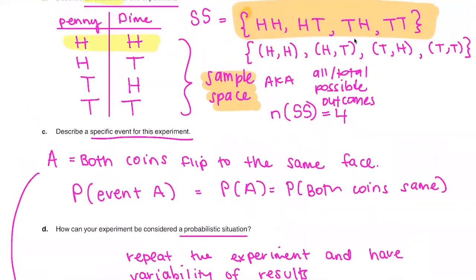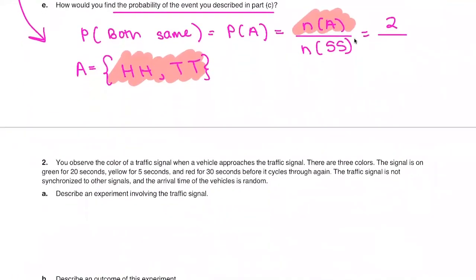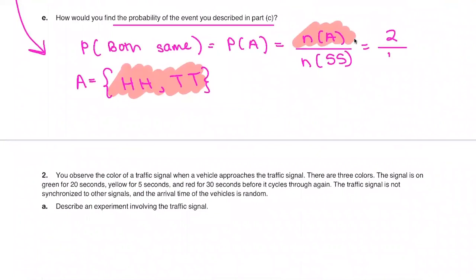We found that to be 4 already earlier because we wrote everything down. That's going to be 2/4. And you could also reduce this to be 1/2. That's fine as well. So you would just find it by looking at the total sample space and seeing what you want to have happen in the event that we're looking at.